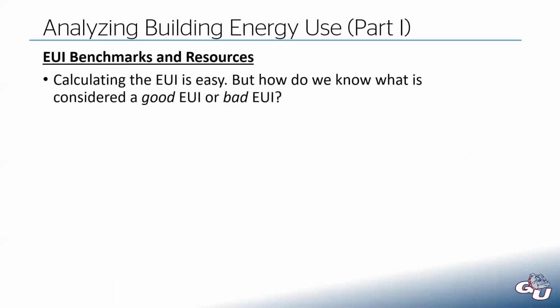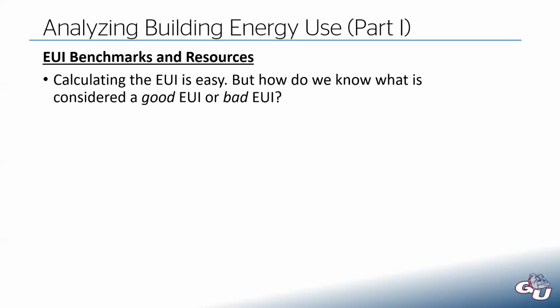So calculating the EUI, that's not hard to do. Collect their utility bills, sum up their electric use, their gas use, do the simple calculation. But from there, how do we know what's good and what's bad? How do we know if an EUI is disproportionately high, or maybe it's really low?